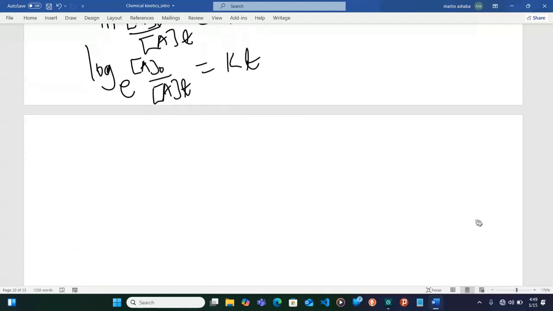So if we convert this to logarithm to base 10, this is going to give us logarithm to base 10 of the concentration of A at t equal to 0 divided by the concentration after t.